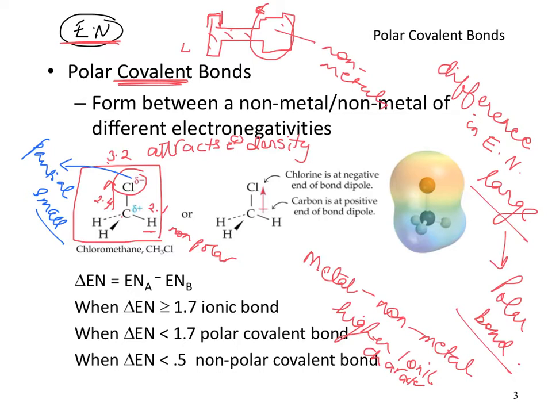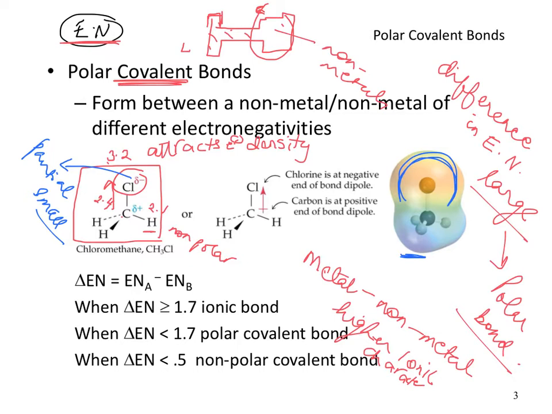You can perhaps see that in this electron density map also, that the top portion of the CH3Cl is very red. And the more red it is, that tells you that there is greater electron density. The bottom half of this is pretty blue. That means there is a dearth of electrons in that segment of the molecule.